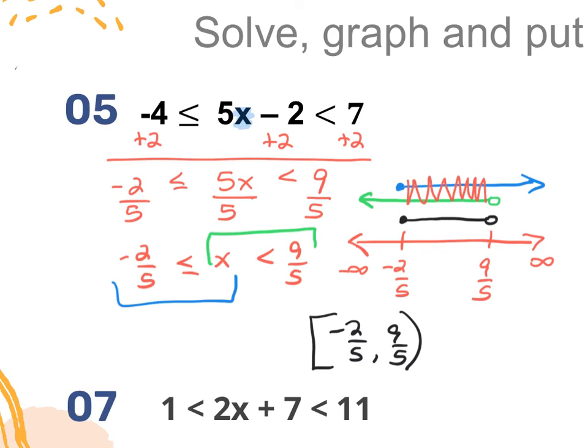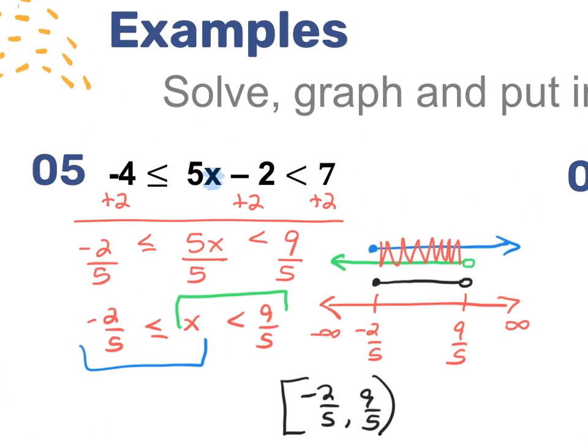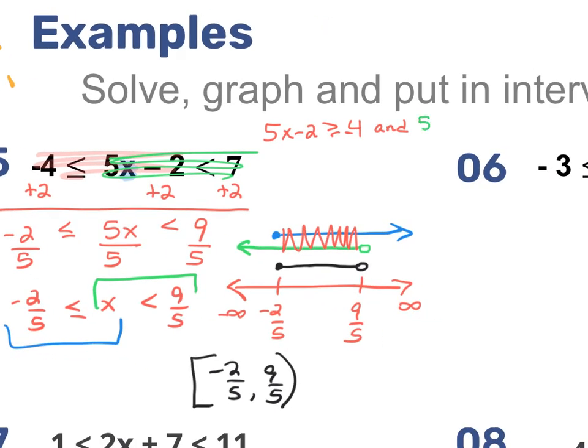segment. Now, if you prefer, instead of doing the same thing to the left, middle, and right, you could also pull this apart, and you could also have solved this. So you could rewrite it as 5x minus 2 greater than or equal to -4, and then do this side of it and do 5x minus 2 less than 7.